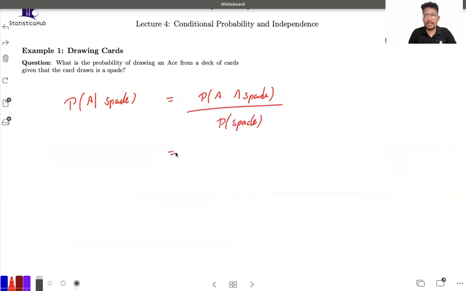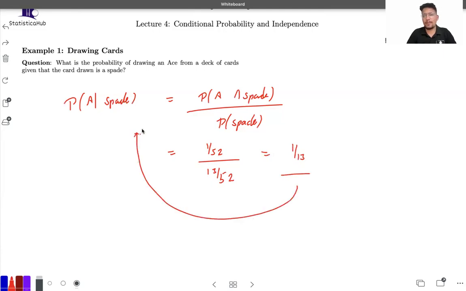Ace and spade together is only 1 card. So 1 over 52 over 13 over 52, so I will get 1 over 13. That is the concept of conditional probability in a very simple format: probability of any event A given that some other event B has already occurred. I hope that makes sense.